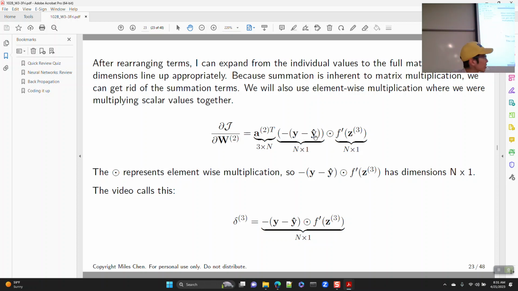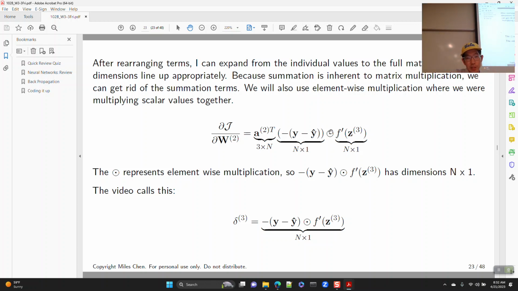To handle that in matrix form, we're going to do element-wise multiplication. This is the symbol that I'm using for element-wise multiplication between matrix elements. So I've got this n by 1 times this n by 1, and this consists of multiplying the first value in y with the first value in z, second value in y with the second value in z, third value in y with the third value in z, right?